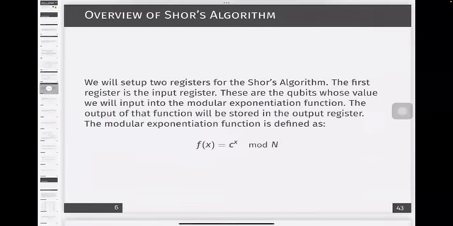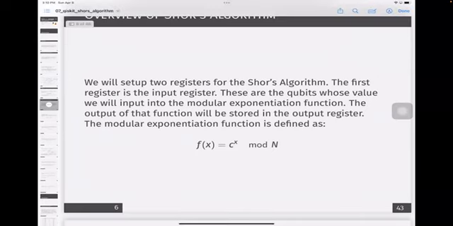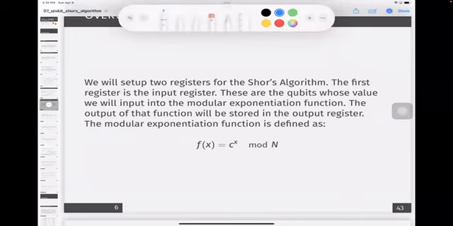Okay, so let's give an overview of Shor's algorithm. Shor's algorithm requires 2 registers, the input register and the output register. Let the input register represent all numbers X between 0 to 2 to the n minus 1, where n is the number of qubits.